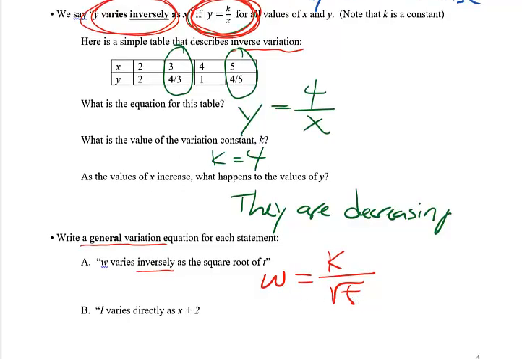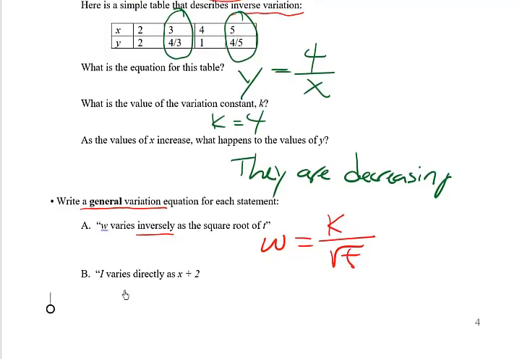Let's try another one. Letter B, I varies directly as x plus 2. Again, the word varies tells you that we're doing a variation problem, and this one is direct variation. Direct variation means I'm going to use that original formula, the one that was y equals k times x. Right?